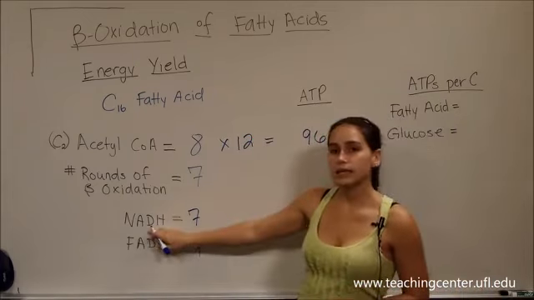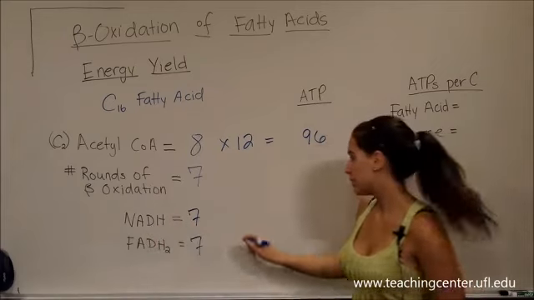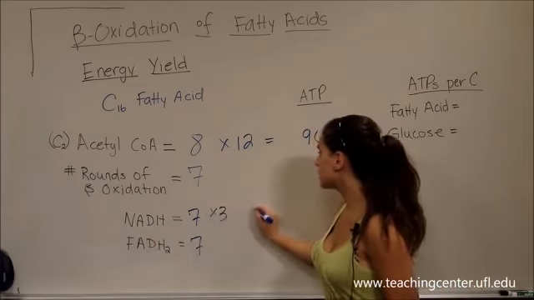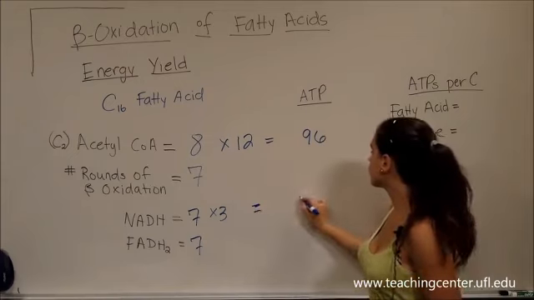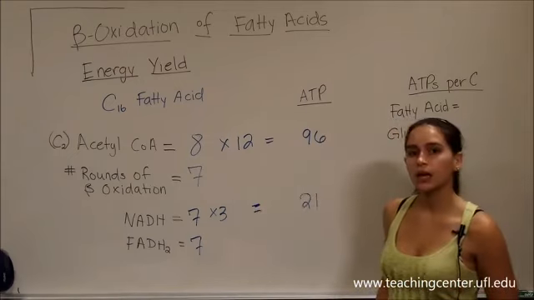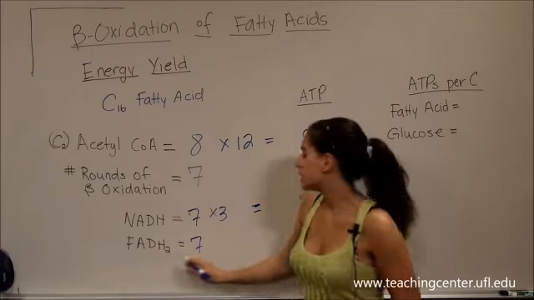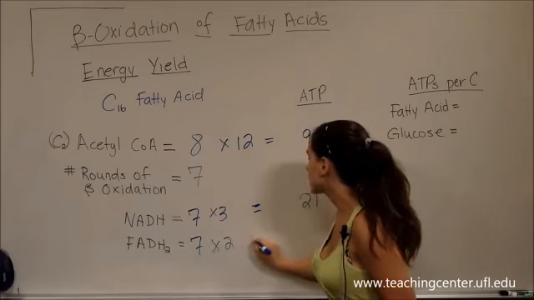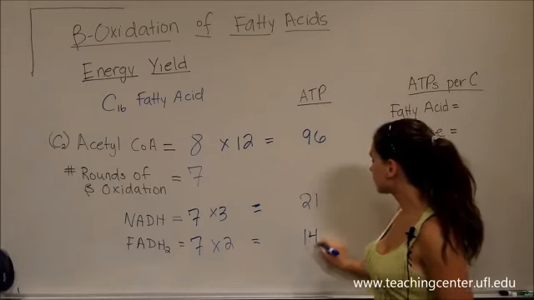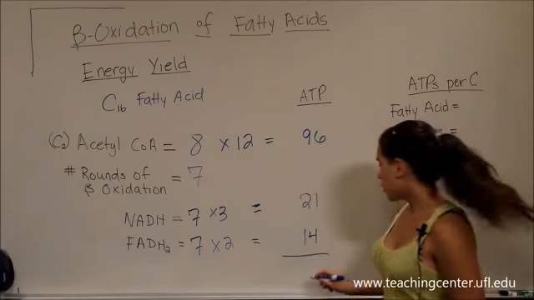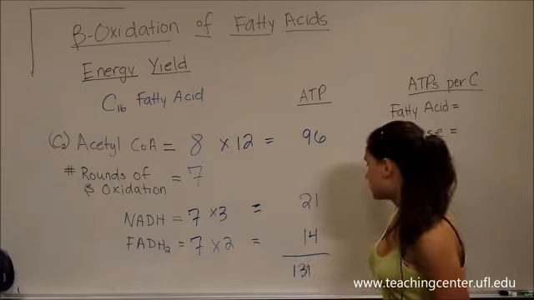We know that 1 NADH is going to give us 3 ATPs, so 7 is going to give us 21 ATPs. And we know that if 1 FADH2 gives us 2 ATPs, then 7 is going to give us 14 ATPs. That's going to be a total of 131 ATPs.